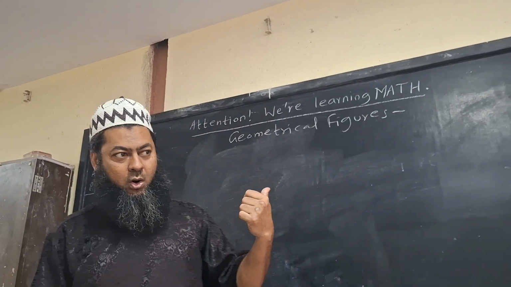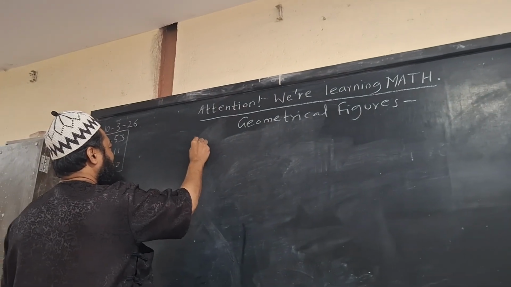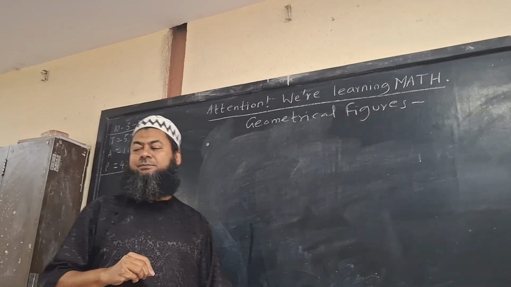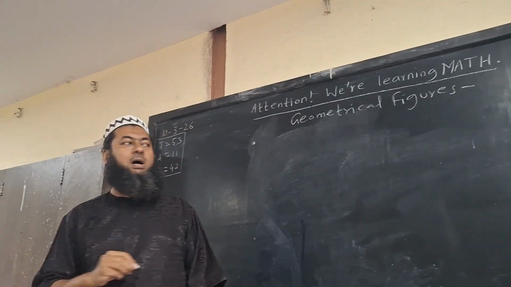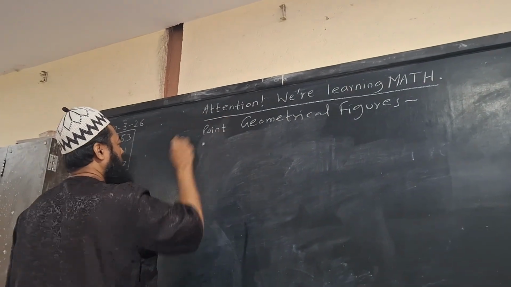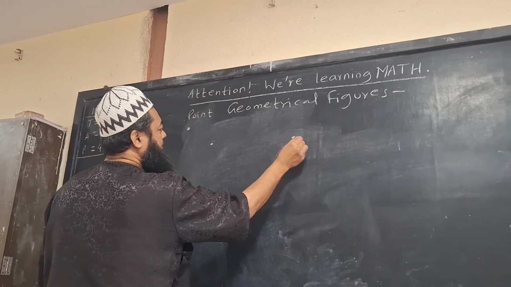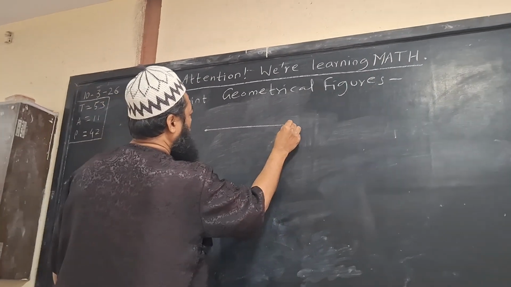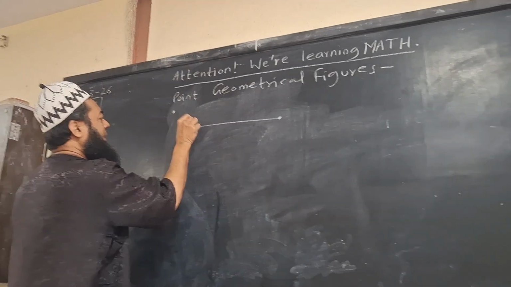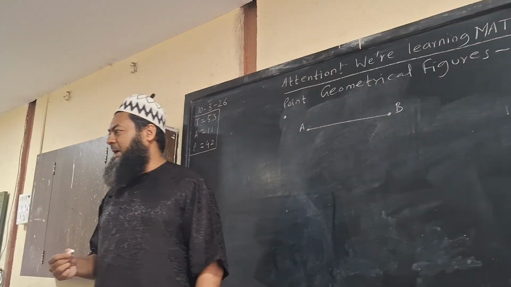So here we go with the first one. What's this called? Point. This is a point. Well, when I join two points, point A and point B, what does this figure become?